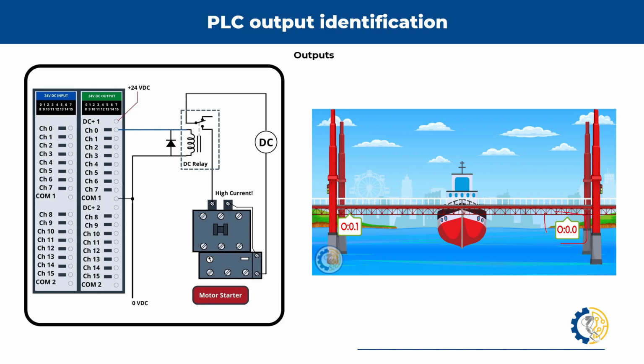No, actually, this one is correct. But let's suppose that I connected it on point number 2. So then it's going to be O, semicolon, 0.2. And this is how we start linking them. Everything good so far? All right, perfect.